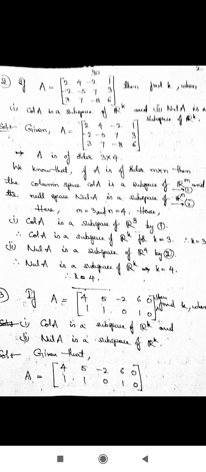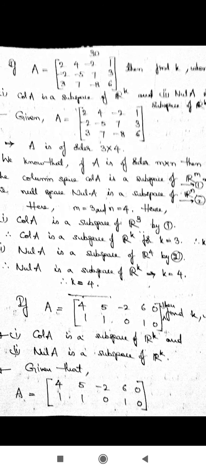We know that if A is of order m by n, then the column space Col A is a subspace of Rm, and the null space Null A is a subspace of Rn. I am taking the above one: Col A is a subspace of Rm as equation 1, and Null A is a subspace of Rn as equation 2.